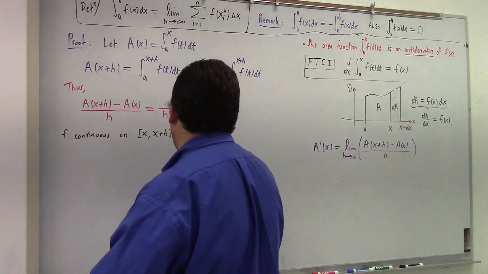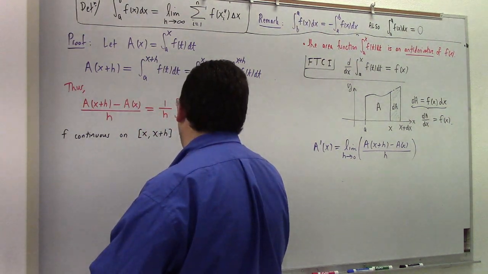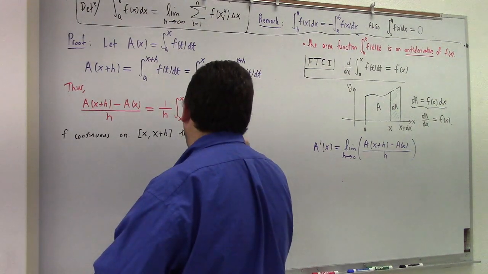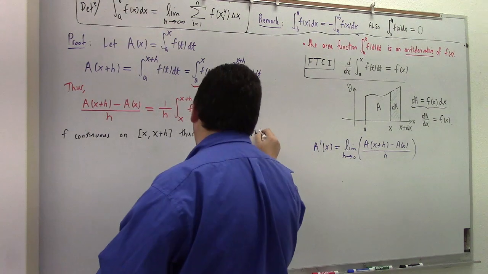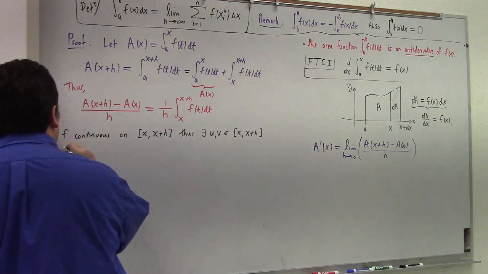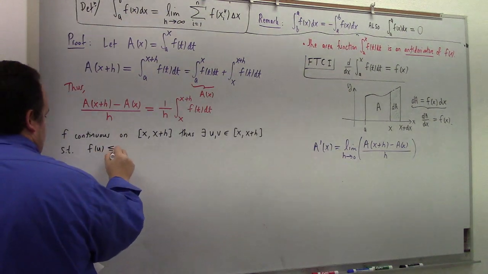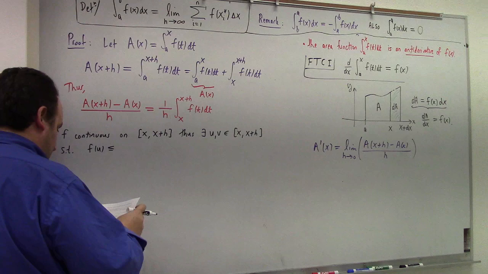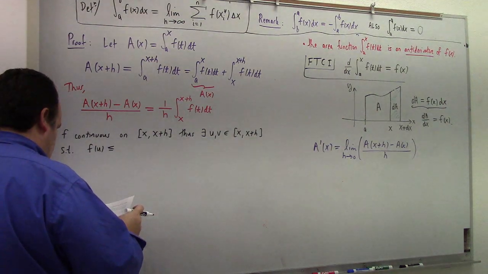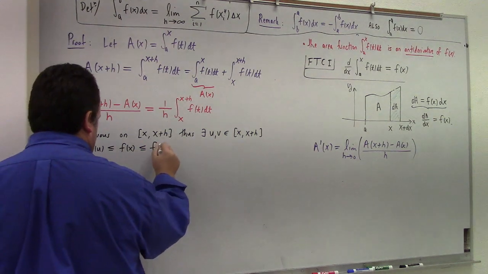Thus there exist u and v in this interval such that f of u is less than or equal to f of x is less than or equal to f of v.